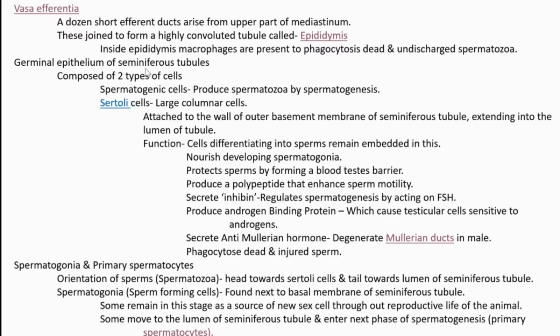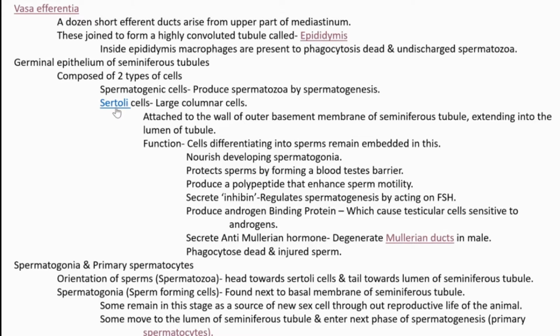The spermatogenic cells actually produce the sperms or spermatozoa by the process called spermatogenesis. That means from these spermatogenic cells, sperms are forming.